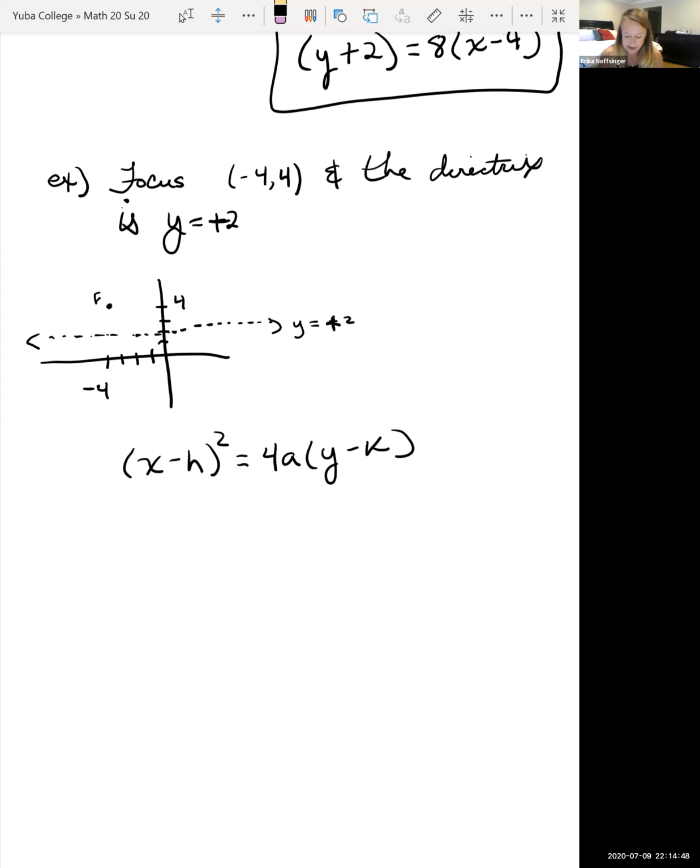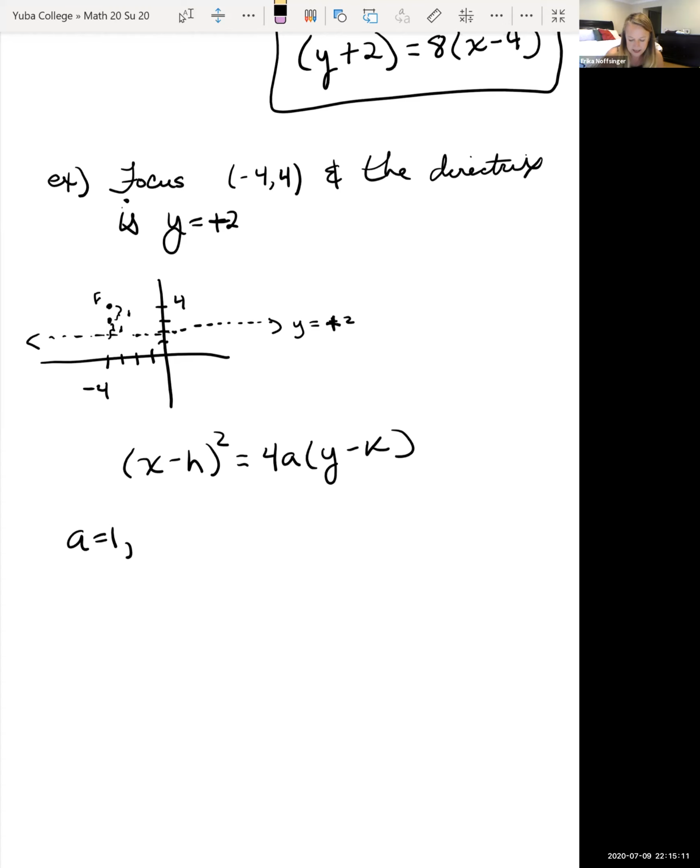So we know a has to be halfway. Or a is that distance in between, here is 1 up and 1 down. So a in our case is equal to 1.